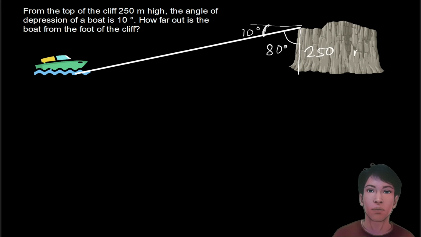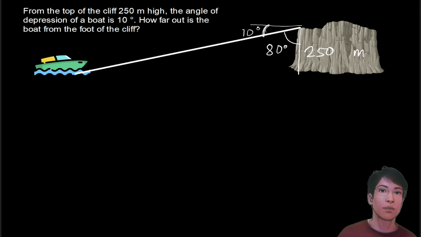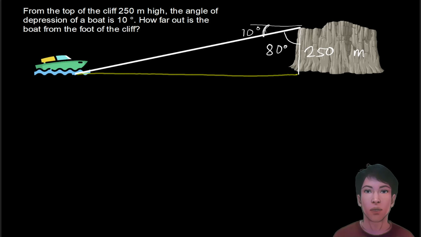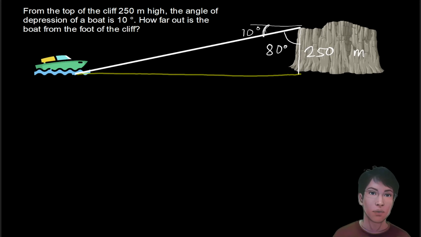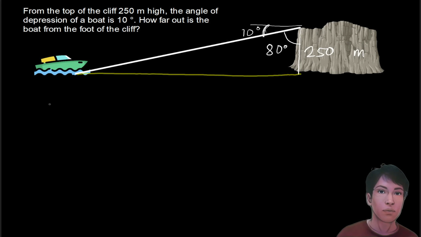We are given that the height of the cliff is 250 meters. So how far is the boat from the foot of the cliff? What function are we going to use? Opposite over adjacent, so that will be tangent.